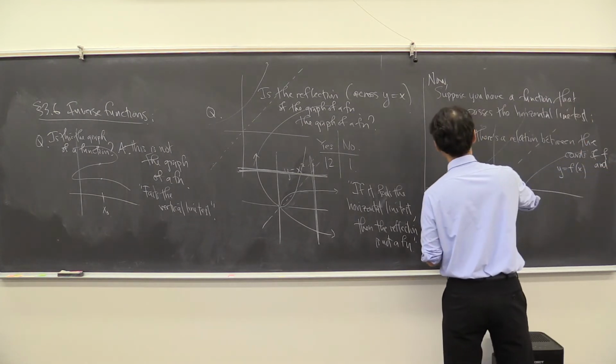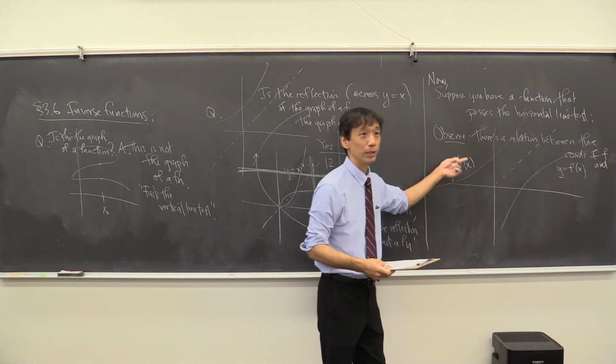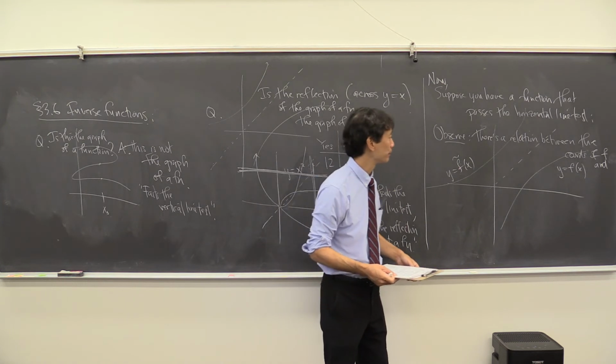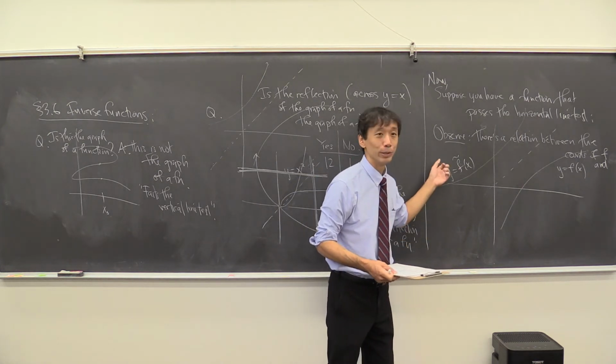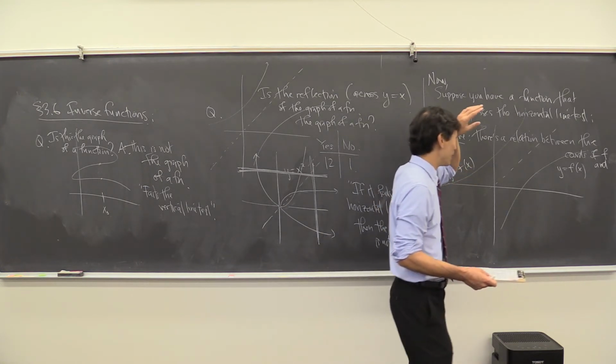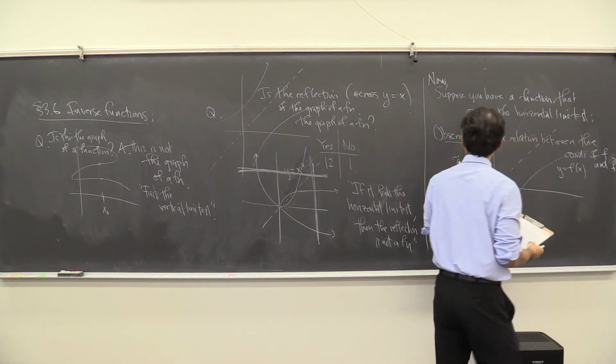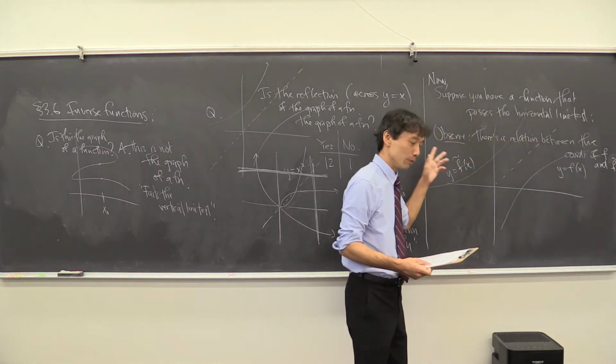Actually, let me call this f twiddle, with a tilde on top of it. I don't know why the word twiddle is funny, but we use it in mathematics. So f twiddle or f tilde. I'm going to call the reflection f twiddle.